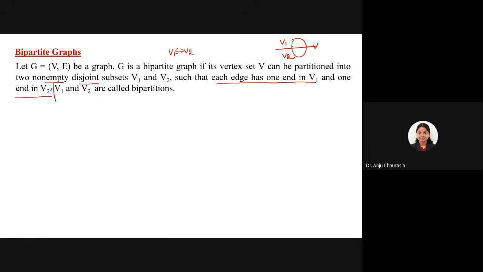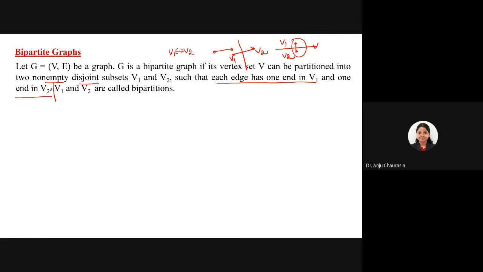Means अगर next जो आपके ग्राफ बन रहा है उसका one end जो भी edges है, so total number of edges in the graph, one end comes from V1 and the other end should come from V2, like that. So you have to do the partition like this. If edges are there, so edges का one end V1 से आए and second end should come from V2. So this is E1 suppose. Got it?